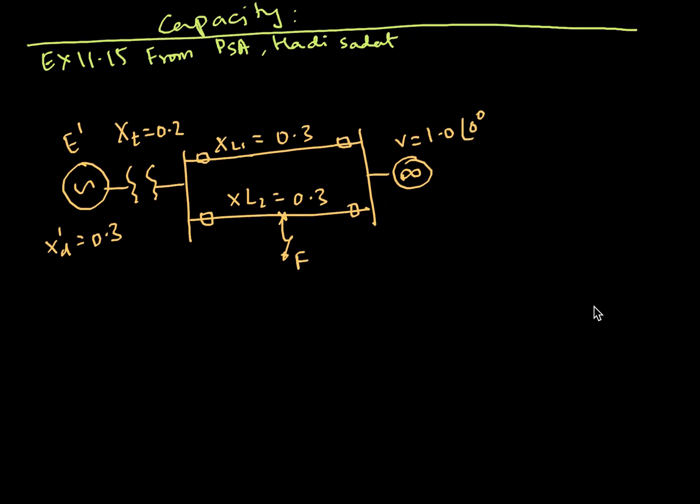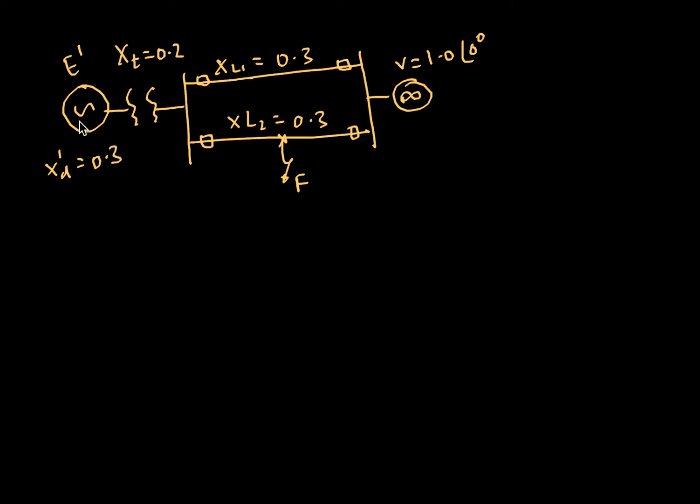So the problem is something like this. There is a generator here whose direct axis reactance is 0.3, followed by a transformer whose reactance is 0.2, and then two transmission lines each having 0.3 per unit reactance, and finally connected to the infinite bus whose voltage is 1 at an angle of 0.